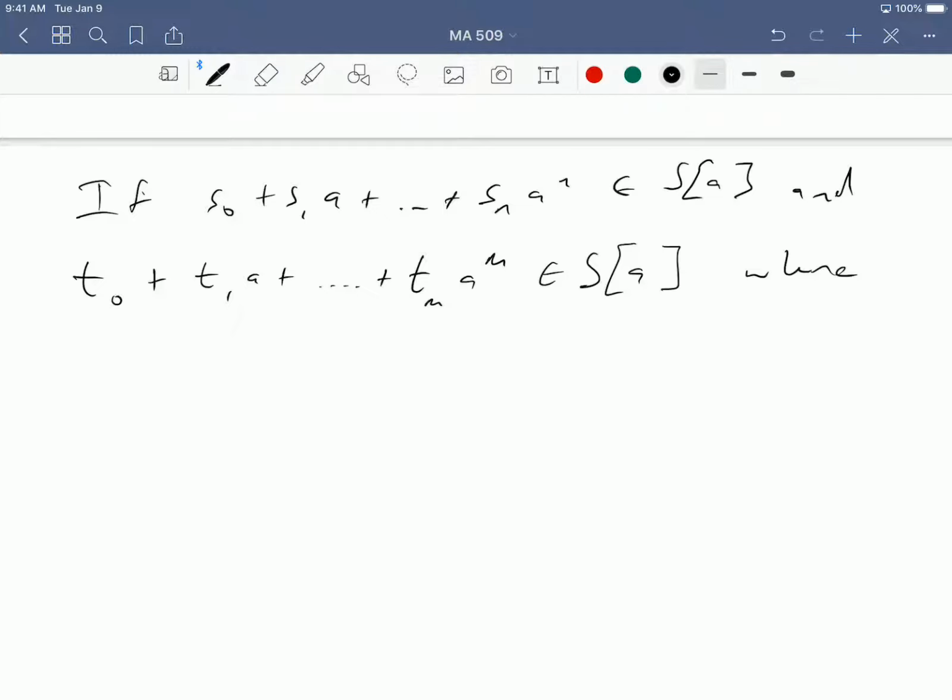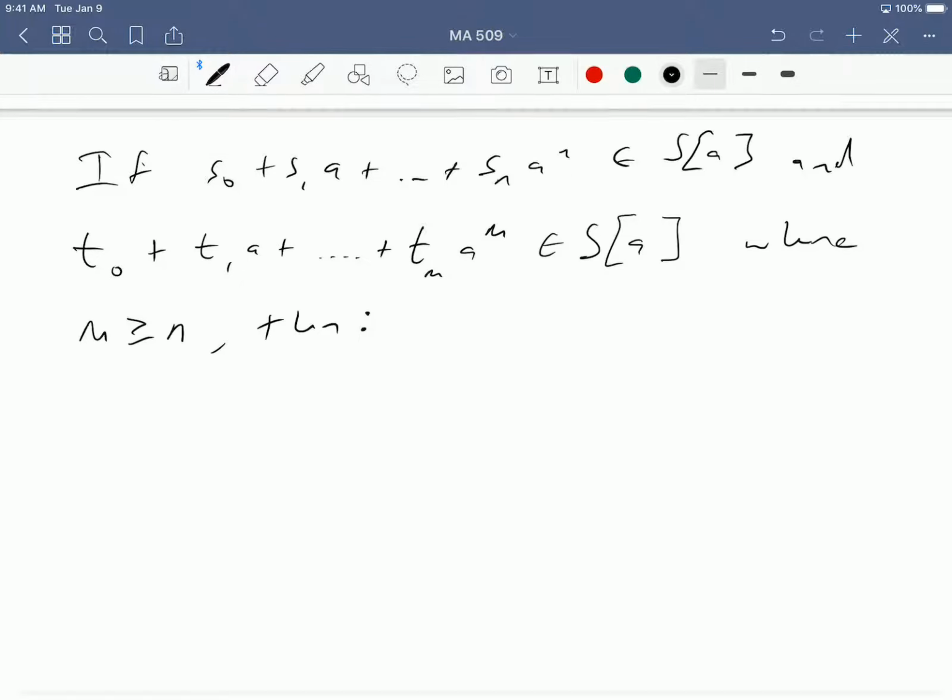So now what I'm doing is taking any two elements I want from my subset S adjoin A. So these are any two polynomial expressions. In order to do the adding of this, I want to know which one has more terms. So I'm going to say m is greater than or equal to n. And I do that just for convenience sake.